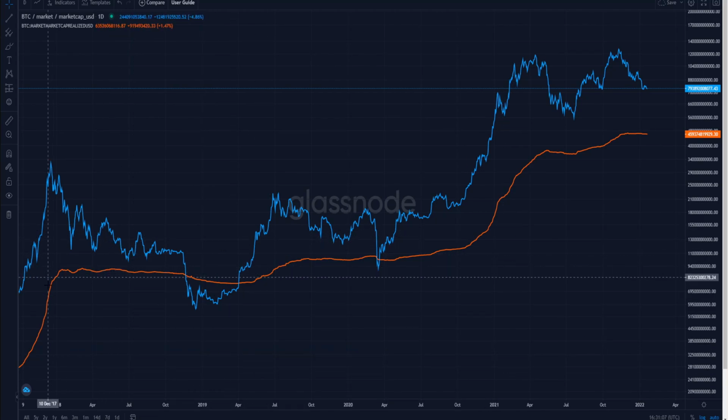So if you have 10 coins at $100, that is $1,000 that you've invested into the Bitcoin network. Now they may be worth much more, but until they move, only $1,000 of capital has been put into the network. Until you actually sell them, they're only counted for that $1,000.